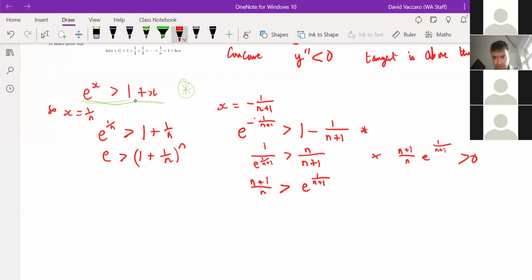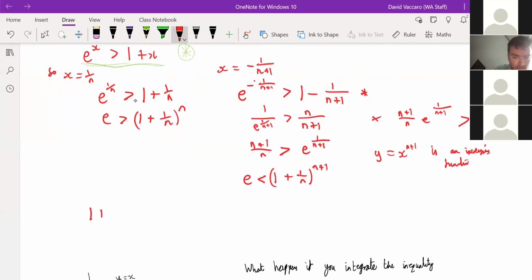And now I raise both sides to the power n plus 1, which I can do because y equals x to the n plus 1 is a strictly increasing function. So e is less than, and n plus 1 over n is 1 plus 1 over n, to the n plus 1.